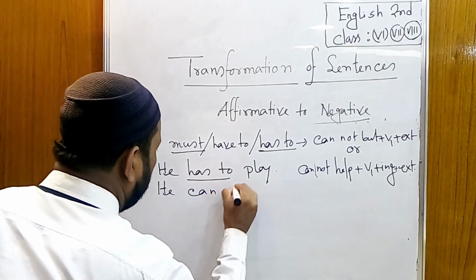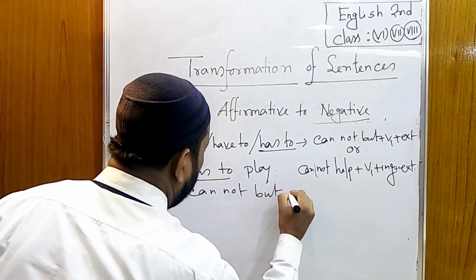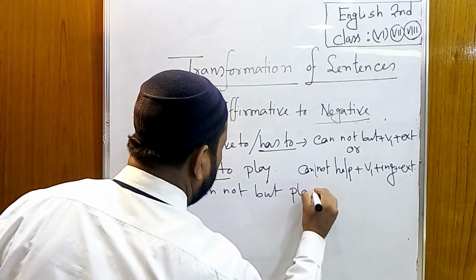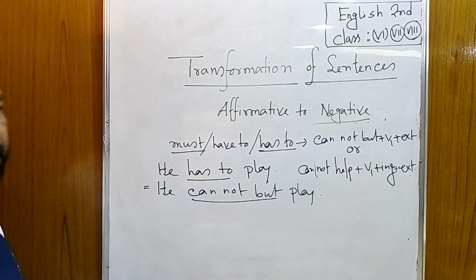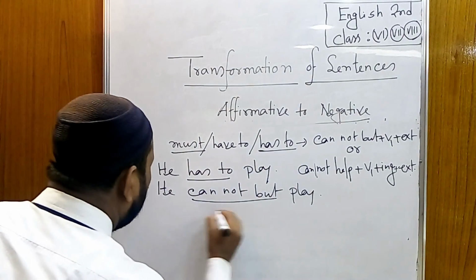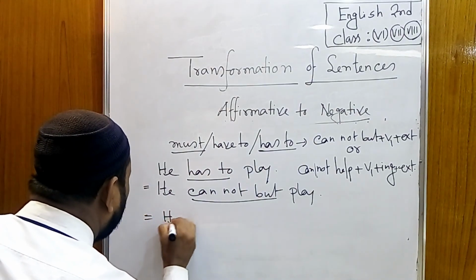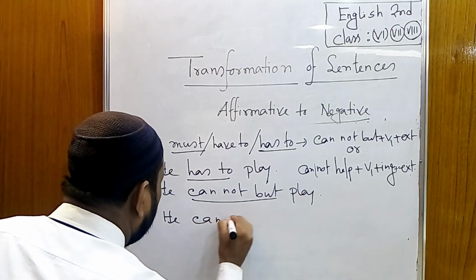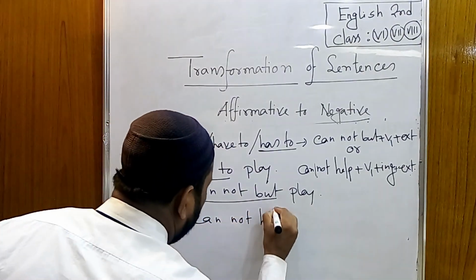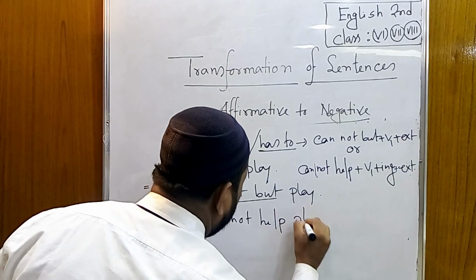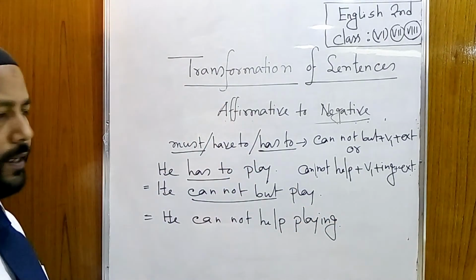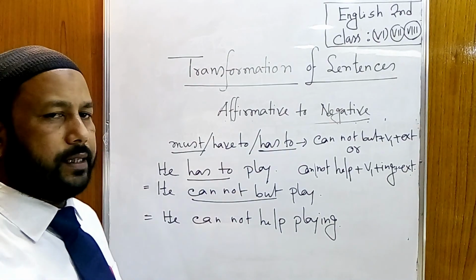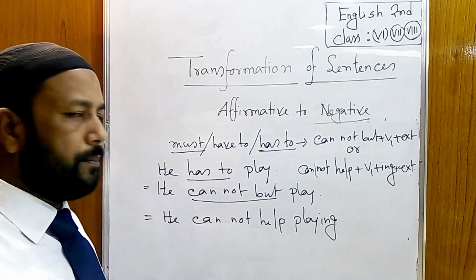Cannot but play. We use cannot but instead of has to. And you can also write cannot help playing. Okay, I hope you understand these examples also.